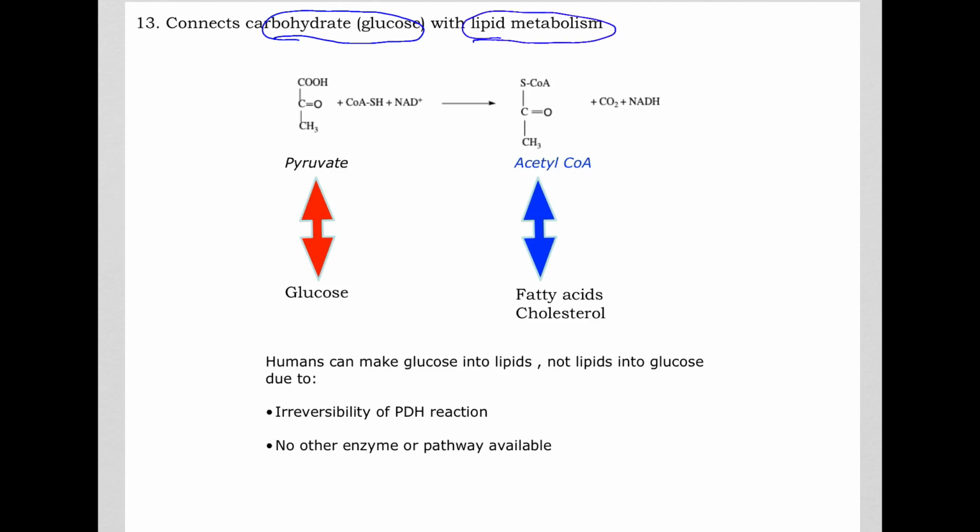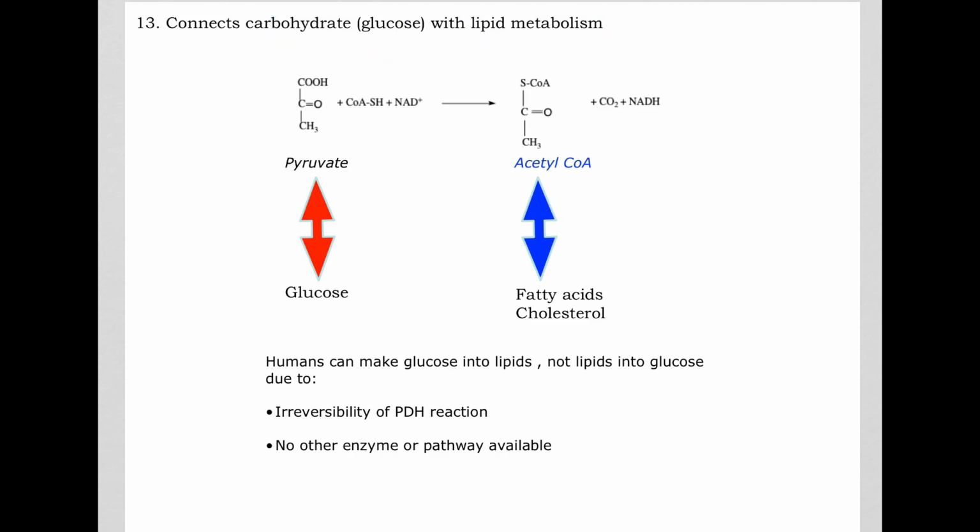Now remember, as we mentioned earlier, carbohydrates such as glucose are probably the most important fuel for energy generation, and the second most important are fatty acids, which are lipids. So basically this reaction connects two very important fuels that are used by the human body to generate energy.